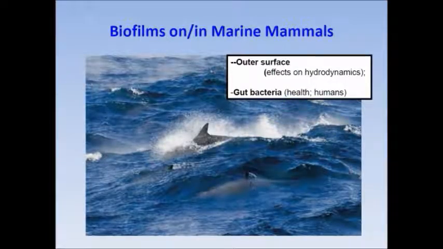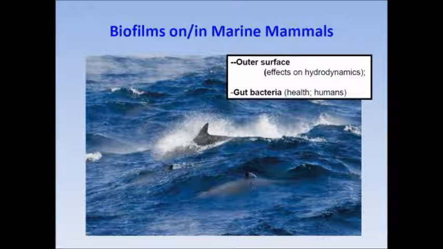In the study of marine mammals, we're now realizing that biofilms form on the surface of the skin of these mammals, dolphins, for example, lots of fish in addition. They're also very important in the gut bacteria of most animals.